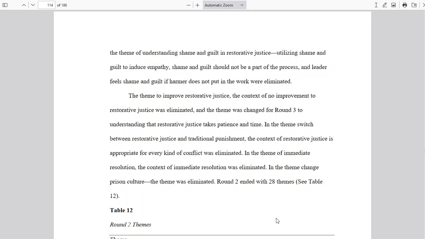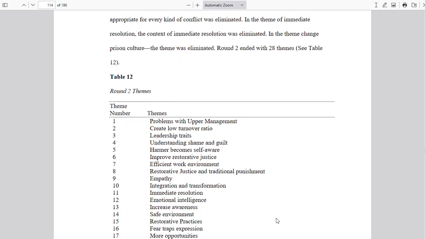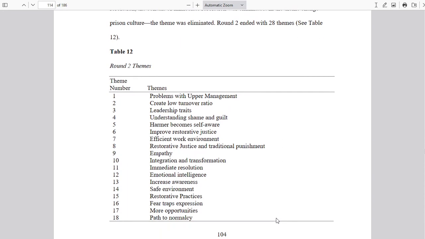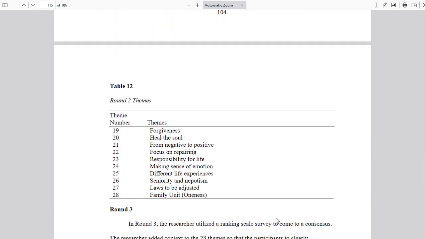In the theme of immediate resolution, the context of immediate resolution was eliminated. In the theme change prison culture, the theme was eliminated. Round 2 ended with 28 themes. And here are the themes, basically the same thing except the prison culture was eliminated.